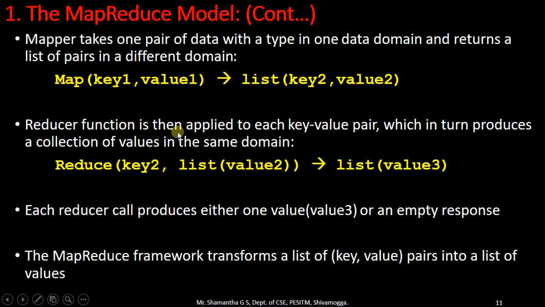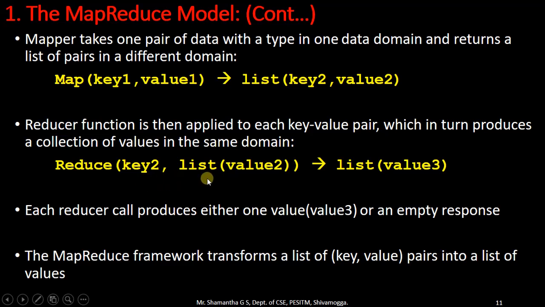The reducer function is then applied to each key value pair of the output of the mapper function, which in turn produces a collection of values in the same domain. So the reducer function takes as input the output of the mapper function. Key 2 may be Kutuzov or Petersburg.